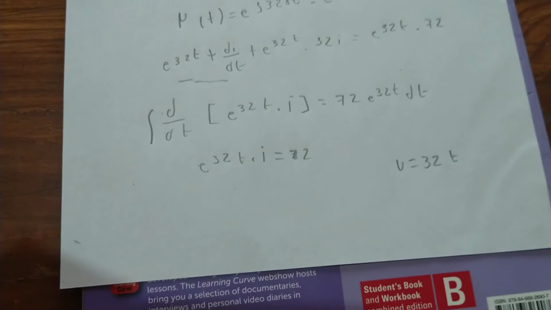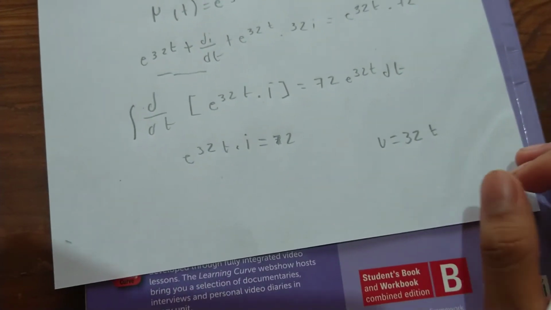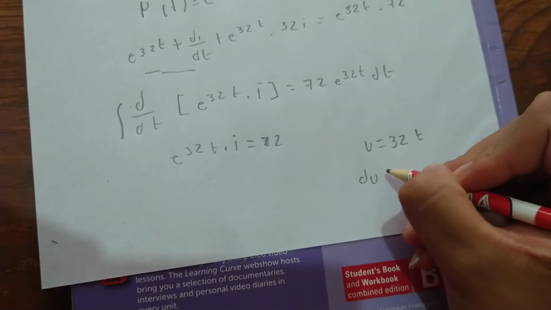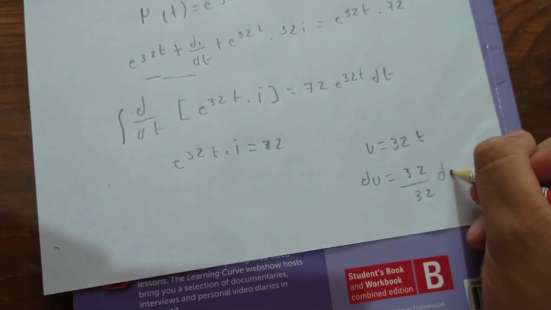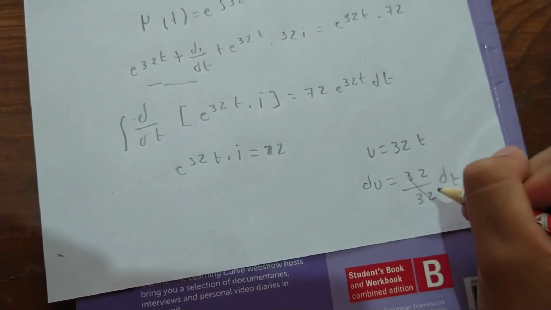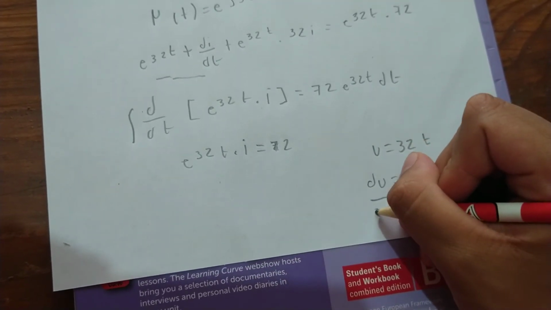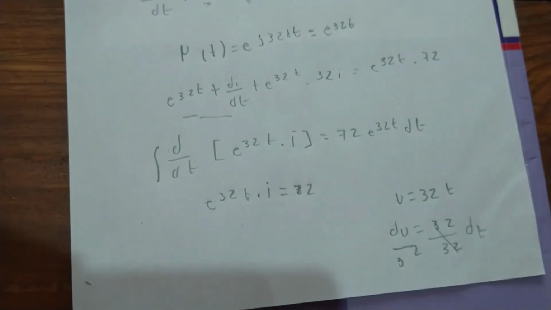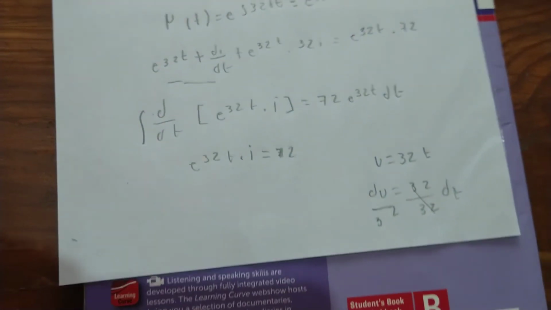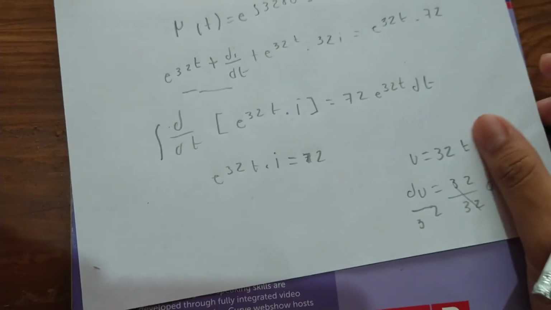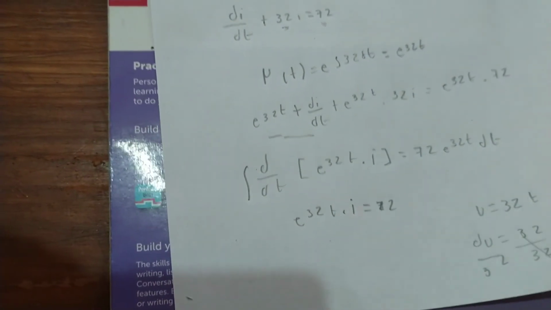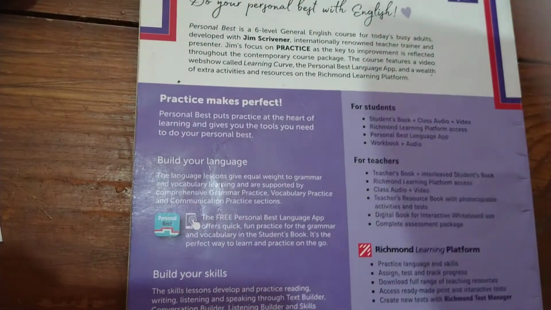So the differential du is going to be equal to 32 dt. So in performing this substitution, notice how we'll have an extra factor of 1 over 32.